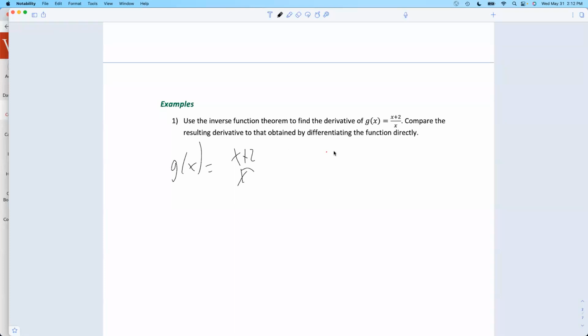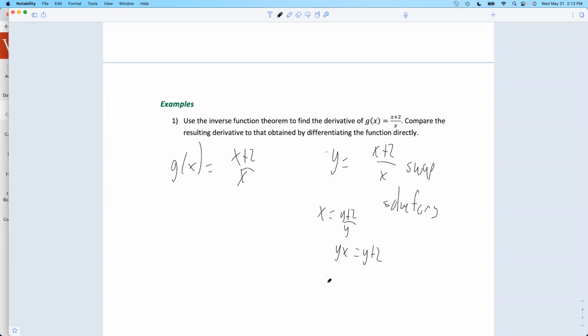Let's find that inverse. So we do y equals x plus 2 over x. Then remember, you swap your x's and y's. This is all college algebra here. x will be y plus 2 over y. Now we want to solve for y. So I'd multiply the y over. y times x will be y plus 2.